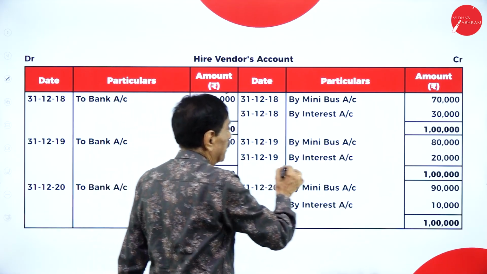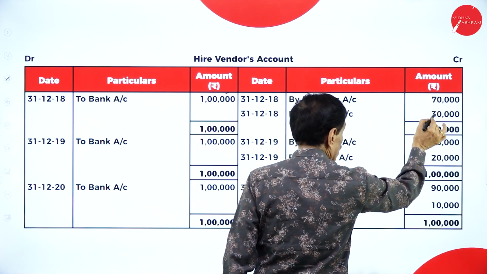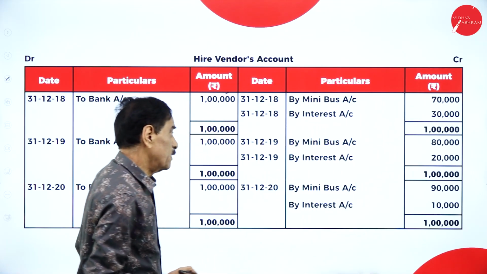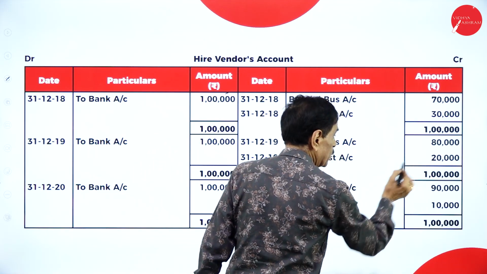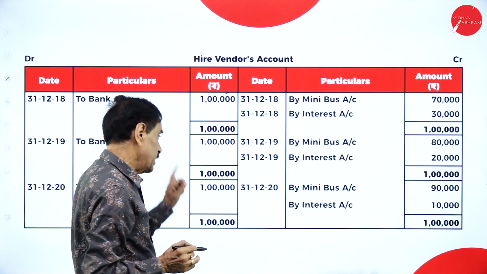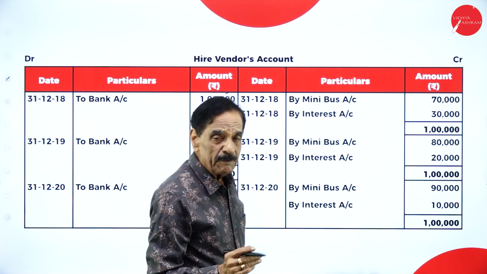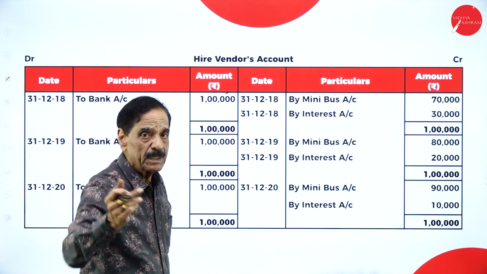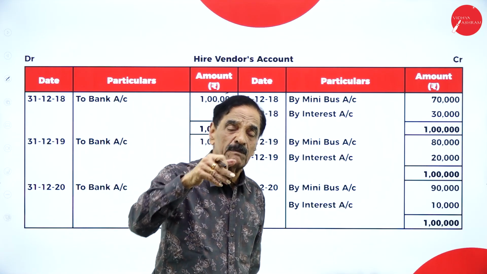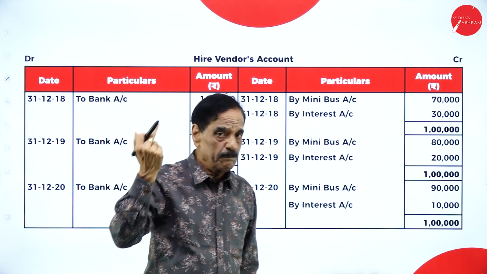Totally you paid 1 lakh: minibus account 70,000, interest account 30,000. Second year, once again 1 lakh: minibus 80,000, interest 20,000. Third year, once again 1 lakh: minibus 90,000, interest 10,000. Every year, first year 30,000 means 70 plus 30, second year 20,000 means 80 plus 20, third year 10,000 means 90 plus 10.